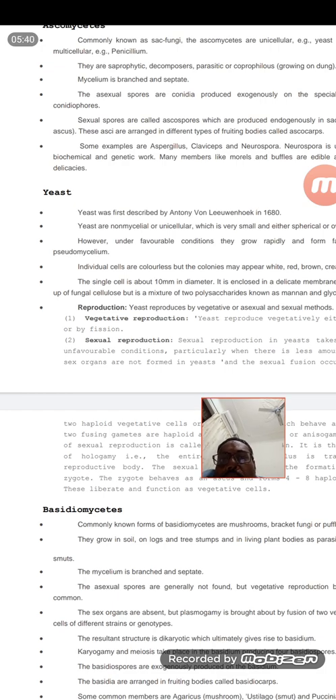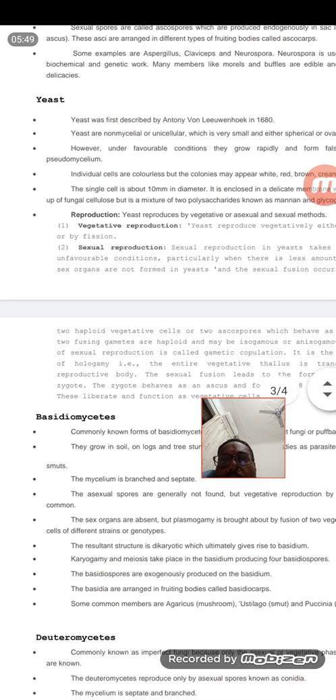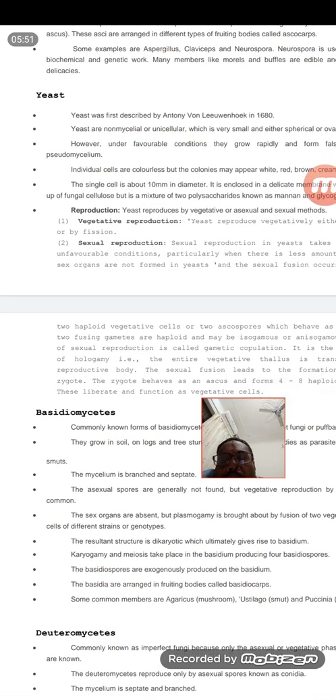Sexual reproduction takes place in unfavorable conditions, while in favorable conditions we can see some sproutings, budding, coming over it. They produce isogamous or anisogamous gametes, gametic copulation takes place, and they will form into yeast. Yeast has a lot of importance. It is one of the common fungi which is used in the kitchen.